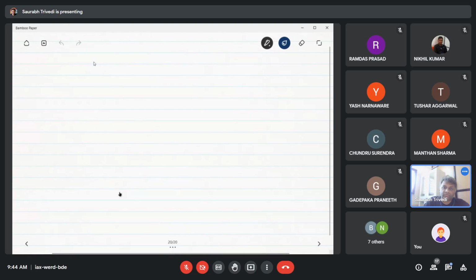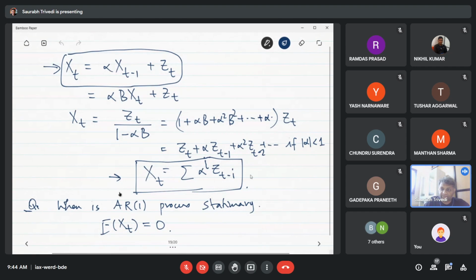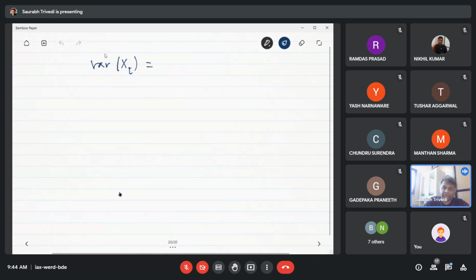And what is the variance of xt? If you look at this here, tell me if I am right, it will be sigma squared times 1 plus alpha squared plus alpha to the power 4 plus so on.